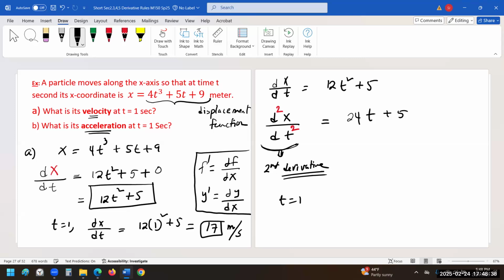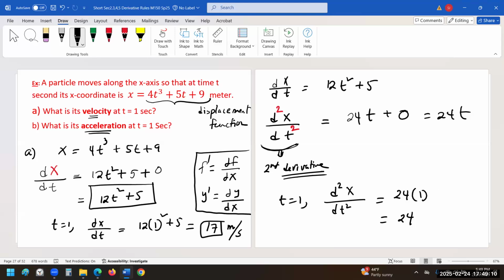So when our t is 1, d²x/dt² becomes 24 times 1 plus 0. Wait, this is 0, not 5. And I don't have to write 0 here, which is 24.